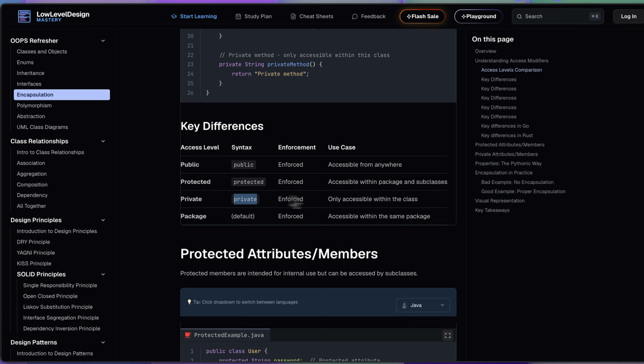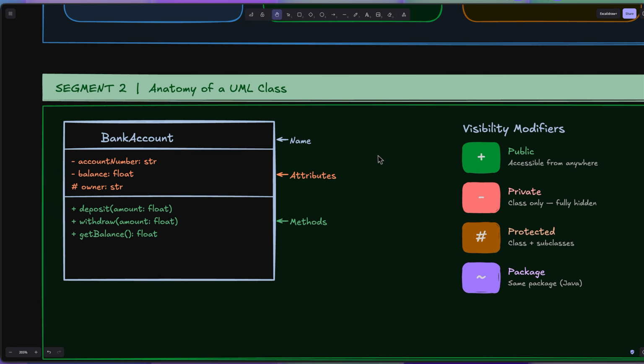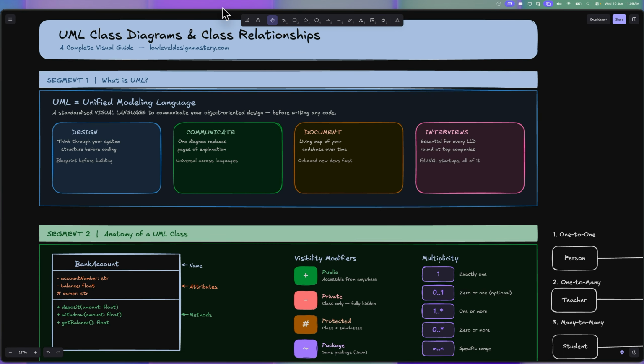But if it is private, that means this is only accessible within the same class, right? Now if you go back to the diagram, if we denote something as plus, like deposit, that means this is something that can be accessed everywhere, right? Okay, so now we have understood how to represent a class in terms of UML class diagrams.